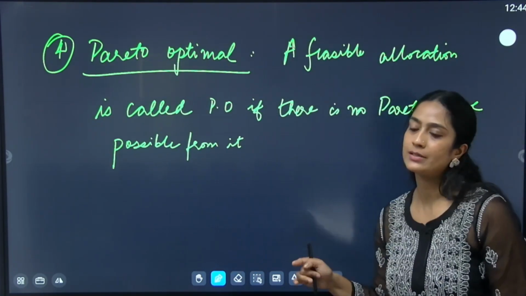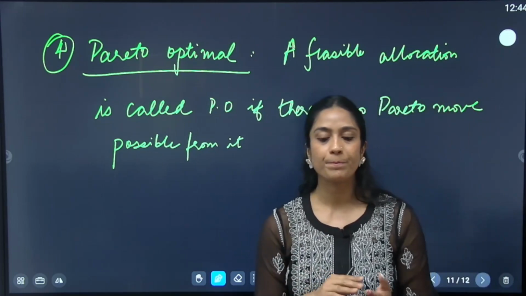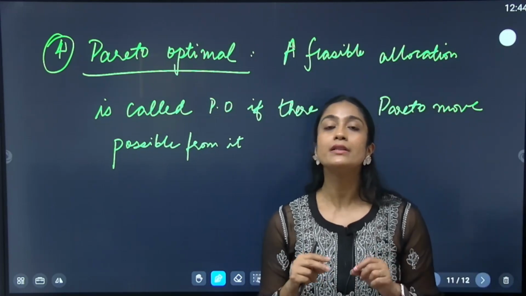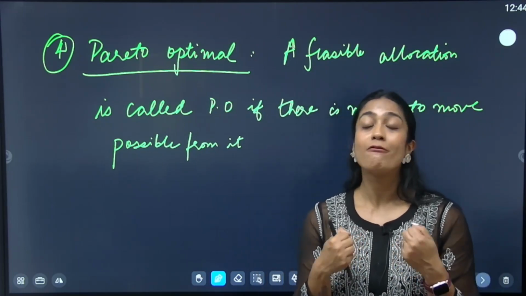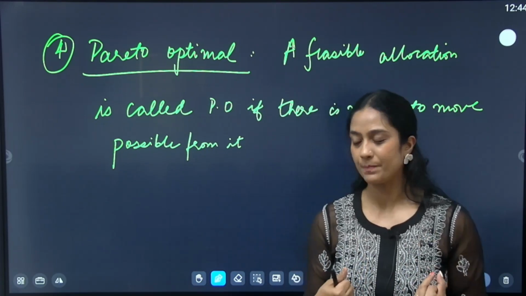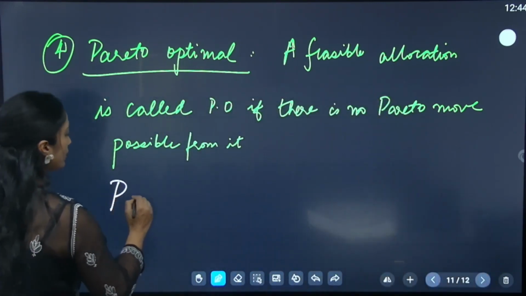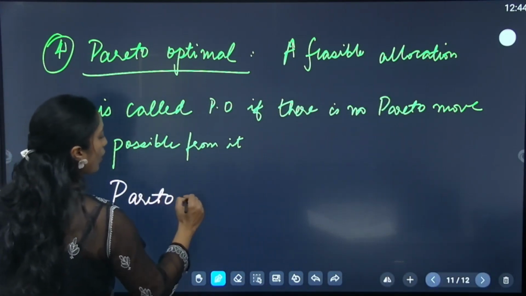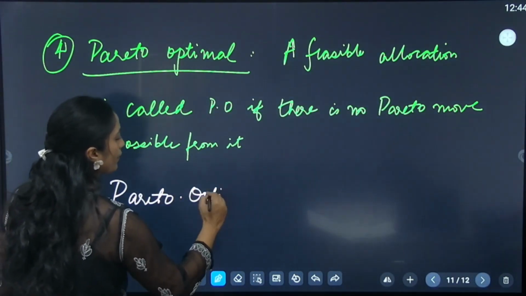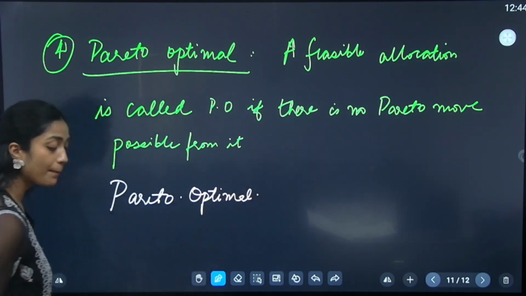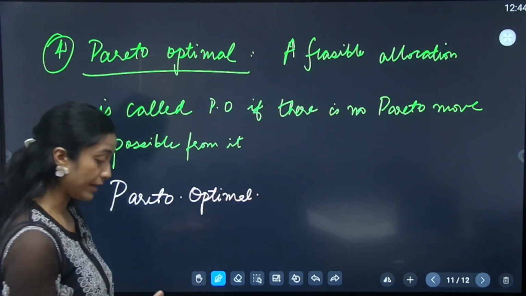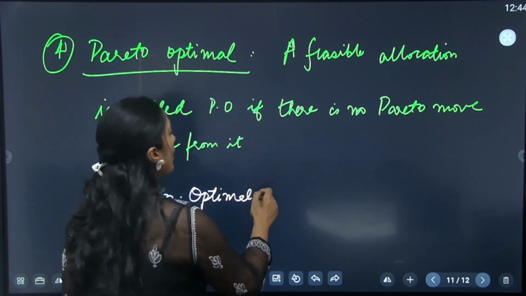The second point is that Pareto optimality has nothing to do with the concept of what we call fairness or equity. Okay, so a Pareto optimal point may or may not be fair, right? May or may not be fair.